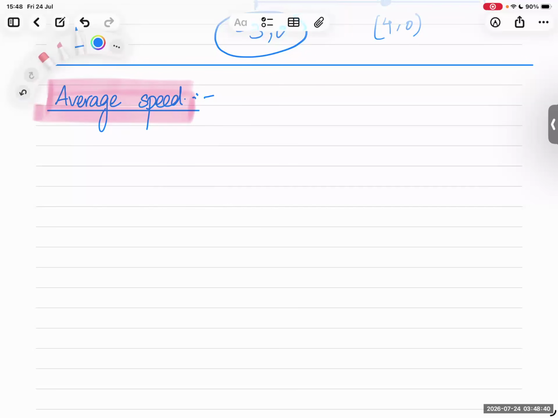So basically, see, if you are standing in city A and this is your city B, you travel from A to B, obviously, with some speed.